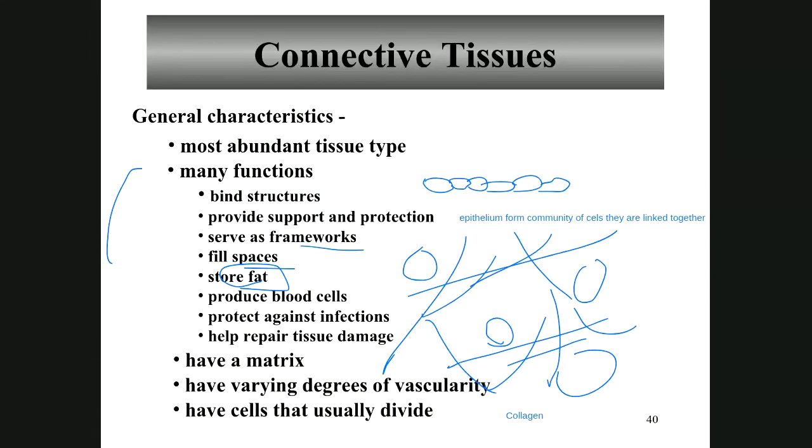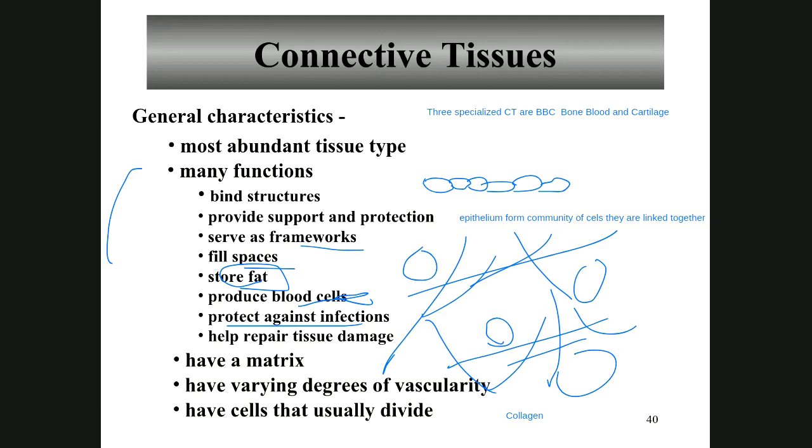Part of the blood work, you can see that it carries oxygen and nutrients, blood cells. In the blood, there are white blood cells that play an important role in infection, and to some extent, if you have damage in the blood vessel, they help you repair that through coagulation.